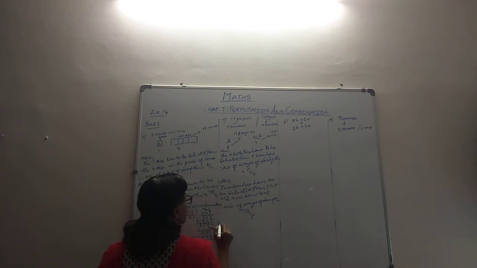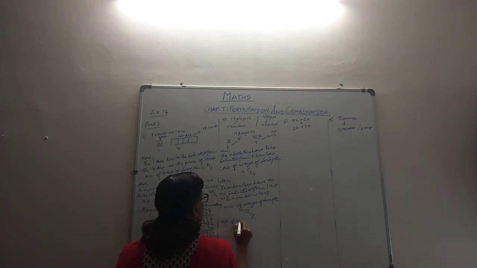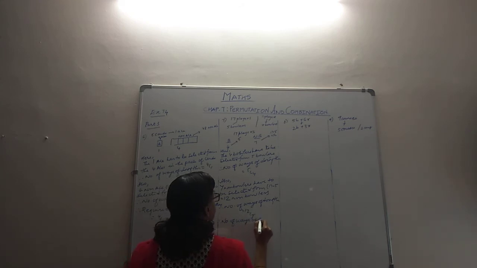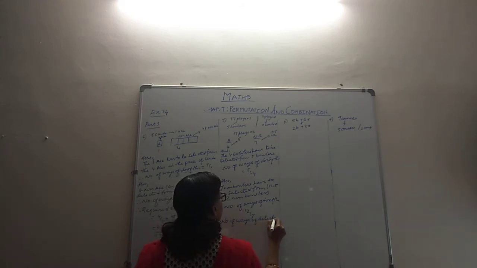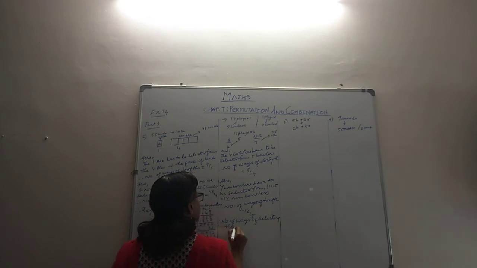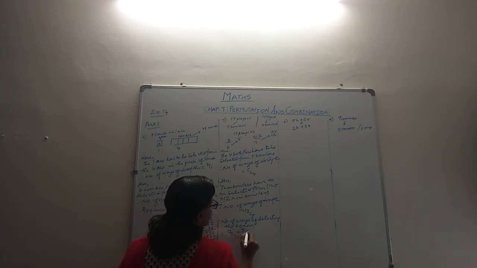M base, N base, as I said. Therefore, the number of ways of selecting the team is 12C7 into 5C4.